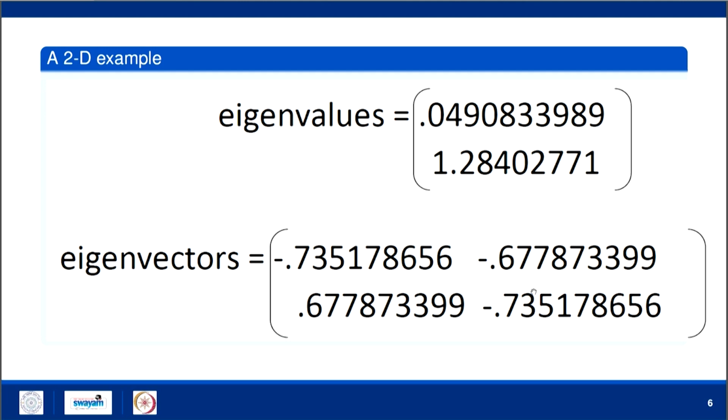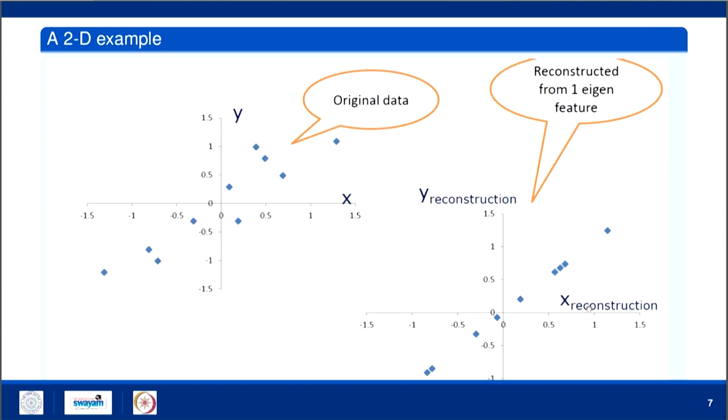So, if I want to reduce this data to 1D, I have to write all the data, that is x, y given originally, as the linear combination 0.677 x plus 0.735 y. And if I do this, you can see this is original data and this is one dimensional data, means after projecting on the principal eigenvector. So, in that way you can reduce the dimension of your data.